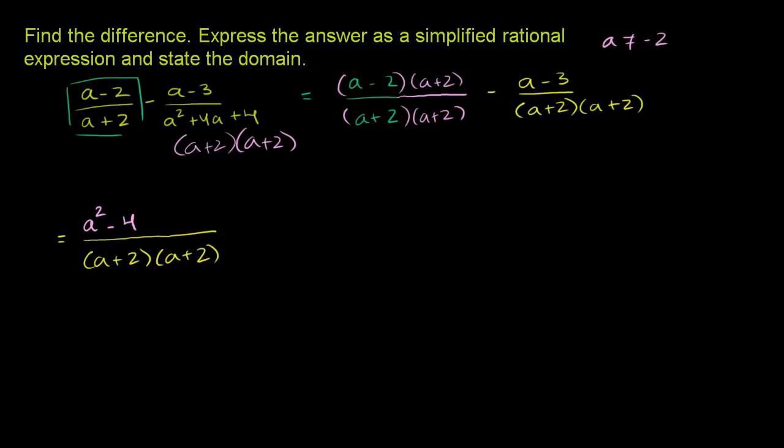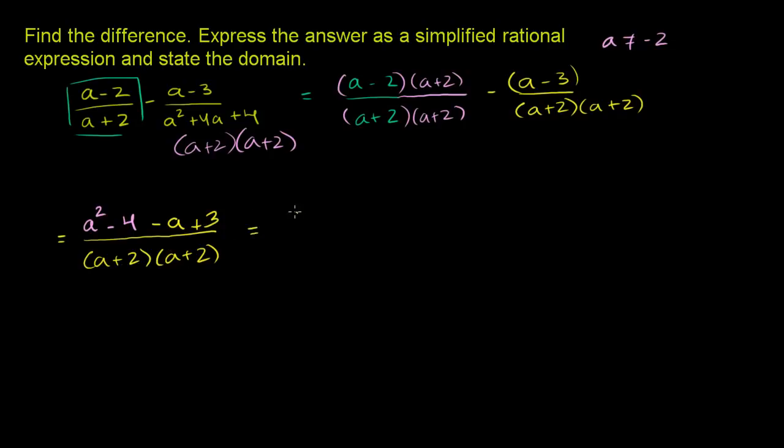And then you have this. You have minus a minus 3. So let's be very careful here. You're subtracting a minus 3, so you want to distribute the negative sign, or multiply both of these terms times negative 1. So you could put a minus a here, and then negative 3 is plus 3. So what does this simplify to?